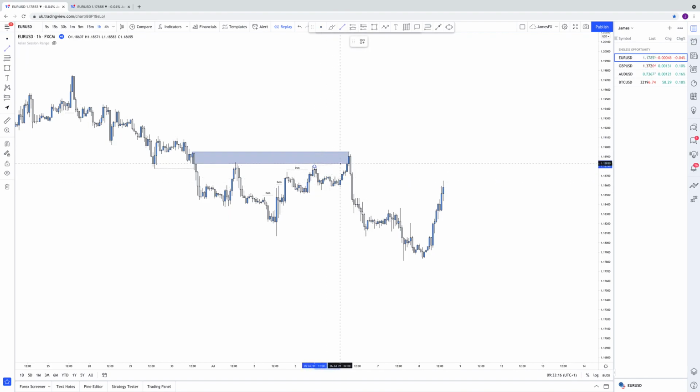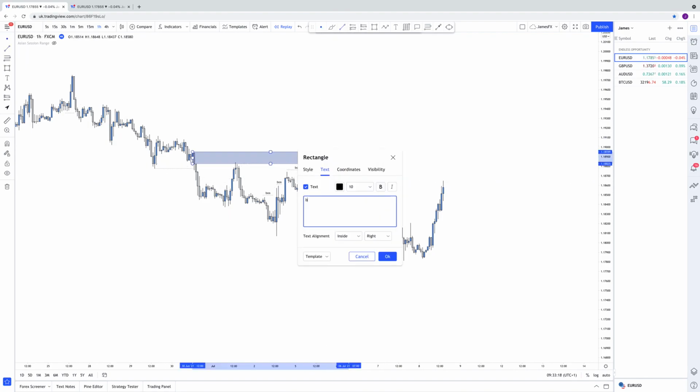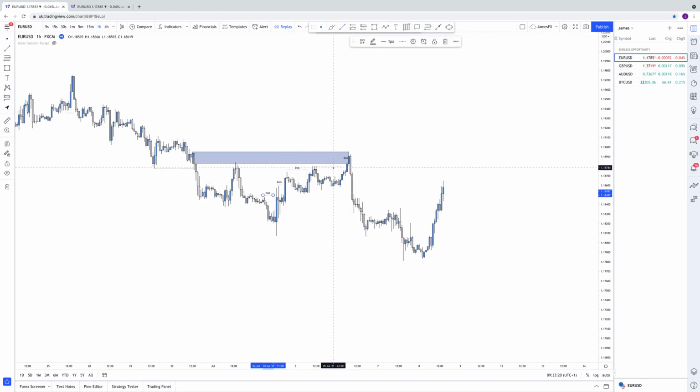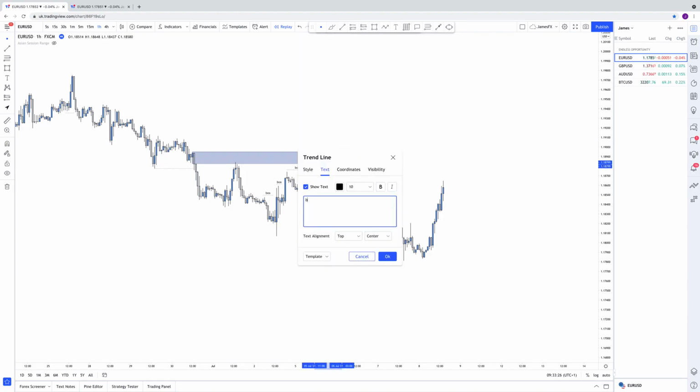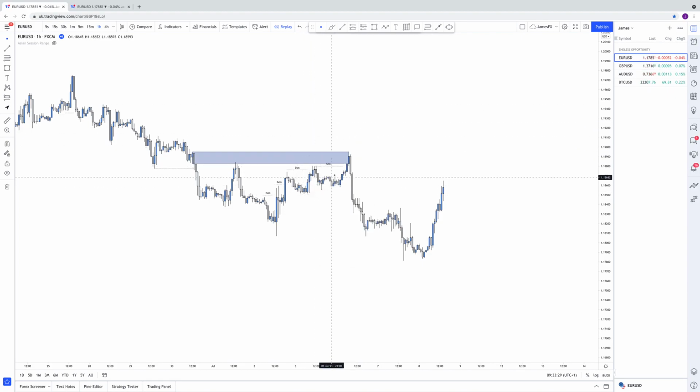Okay, and again, we put in another break of structure. Break of structure, there we go. And then we tap into the supply zone, as you can see. So yeah, we can trade these.